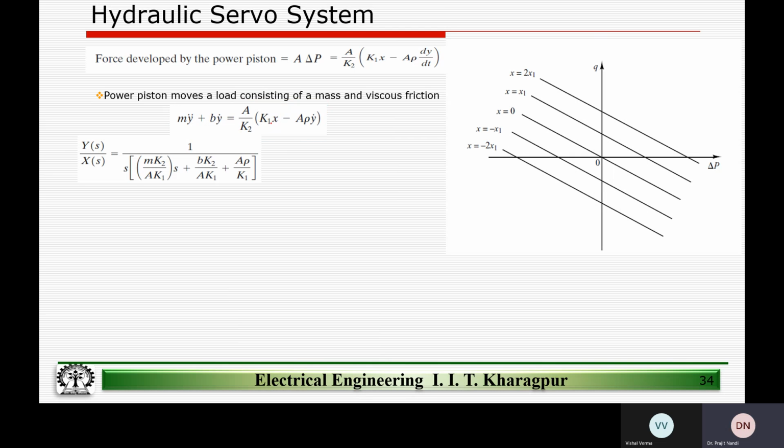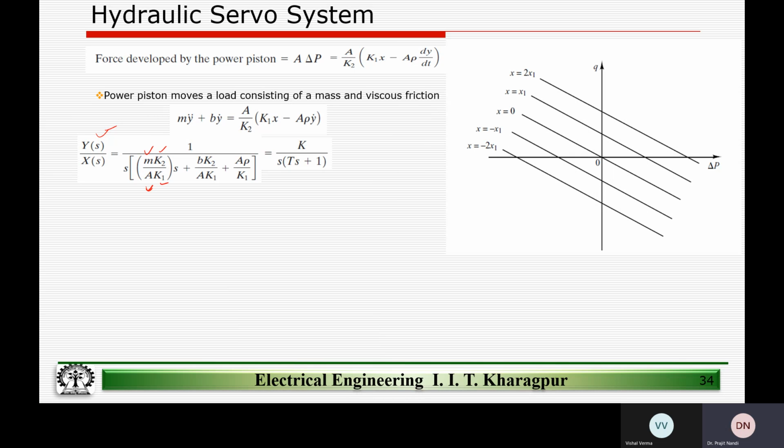Now if I take Laplace on both sides and rearrange the terms, I end up getting y by x. This is my transfer function, and I end up getting a second order system, right? With all the variables like m, k2, k1, and the area, these are all dependent on the structure of the hydraulic servo system.